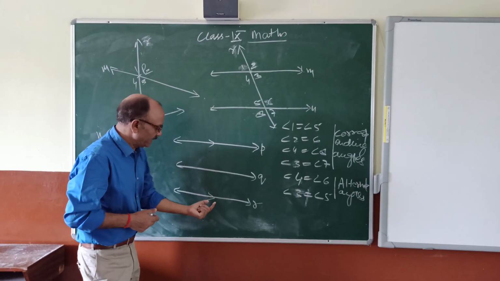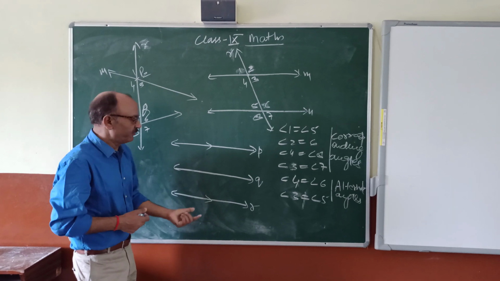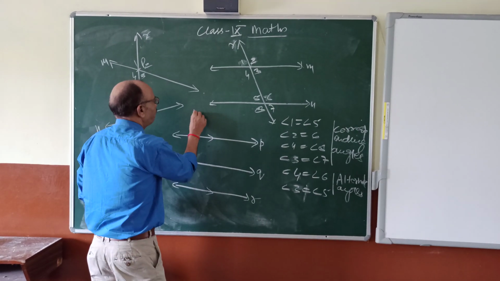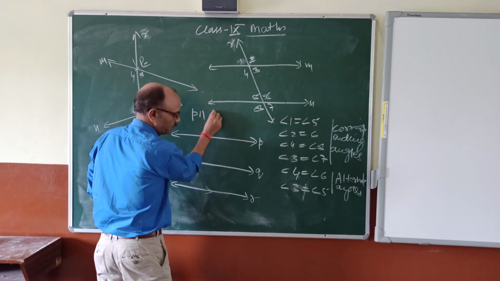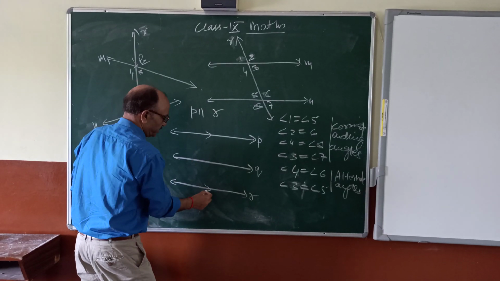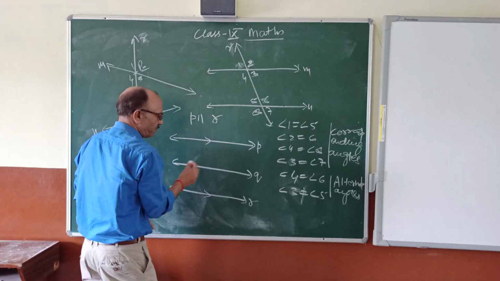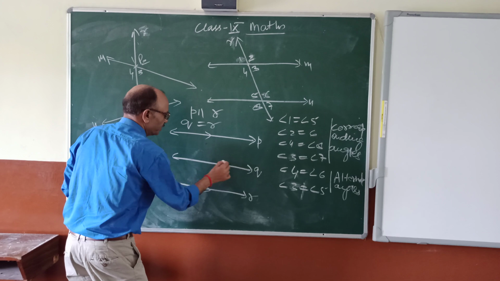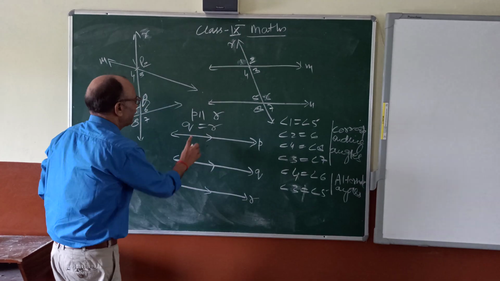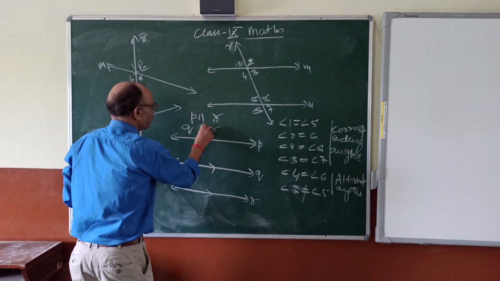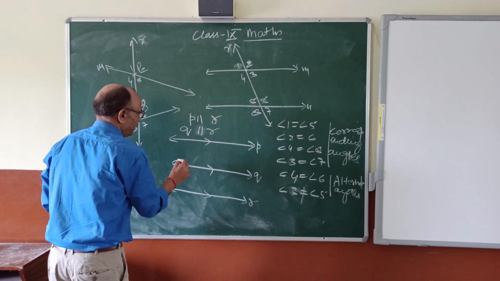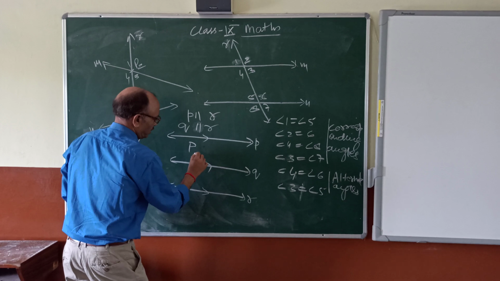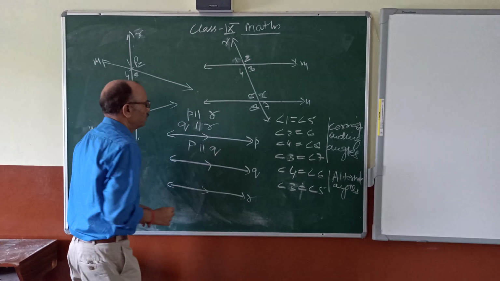Now, if another line is parallel to one line, like P is parallel to R, it is given, and Q is parallel to R, in that case, you can say P is parallel to Q. Why?